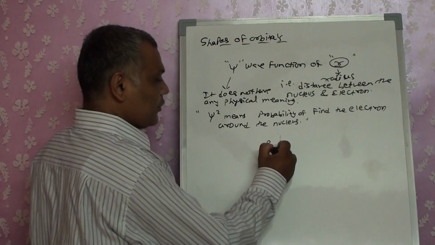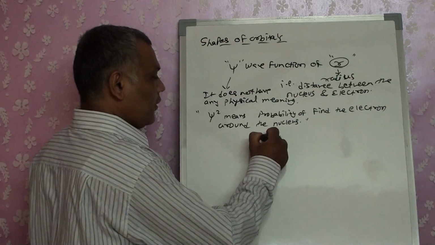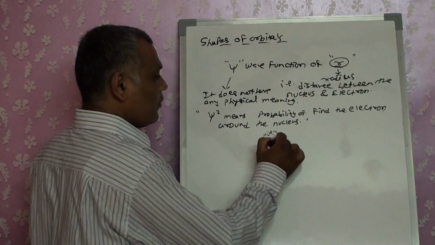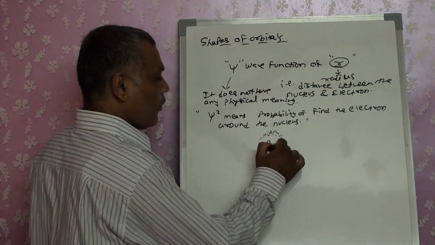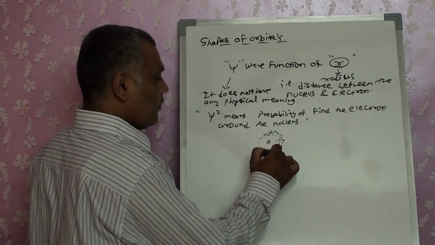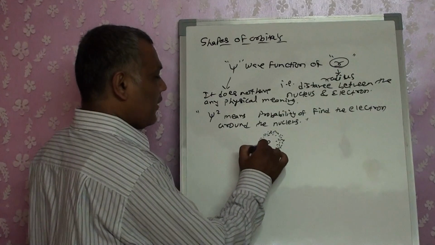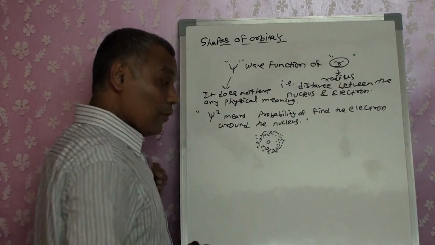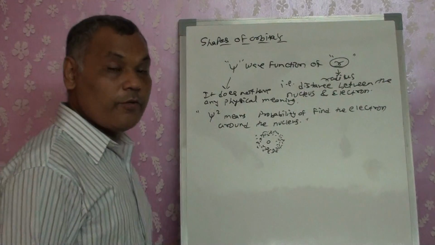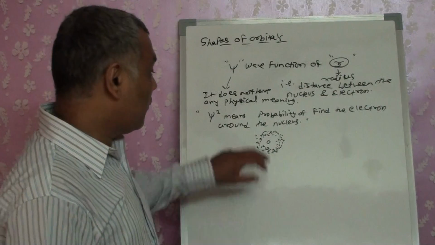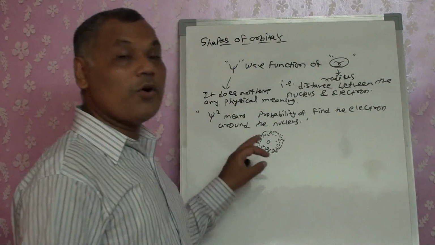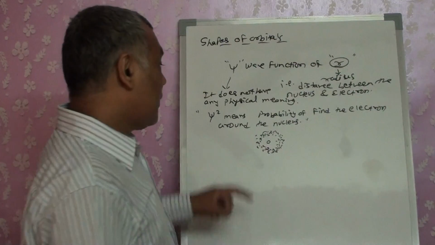This is the position where there is a probability of finding the electron. Now, every time we are not going to get the same probability, right? Wherever the probability of finding the electron is maximum, that we have plotted, and that is considered to be an orbital, right?